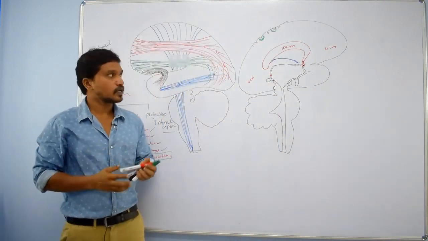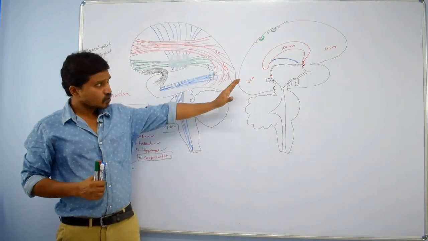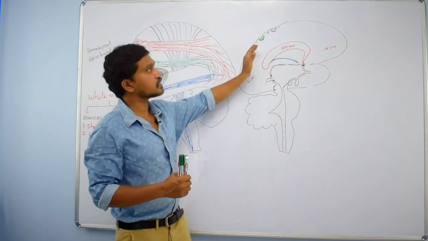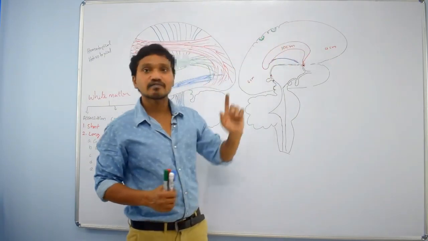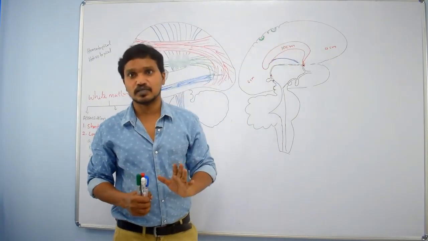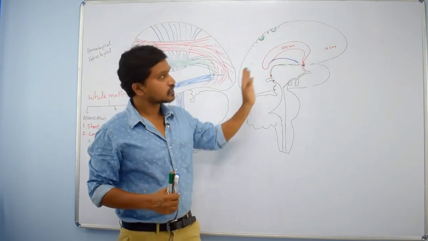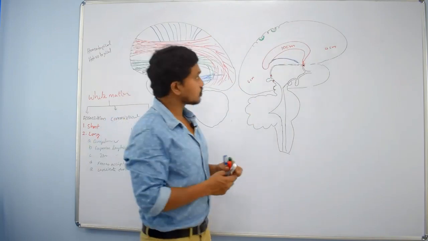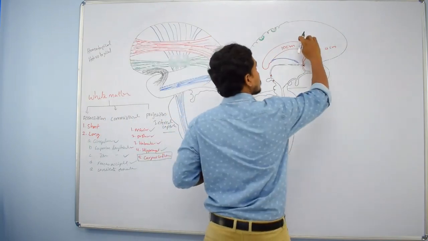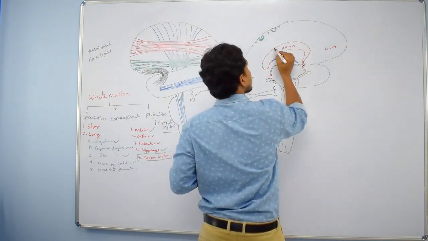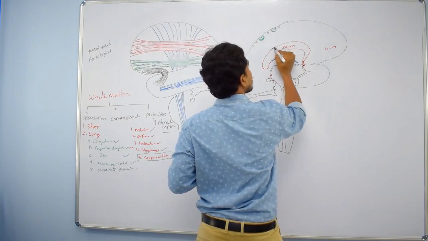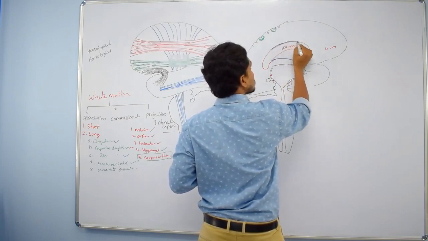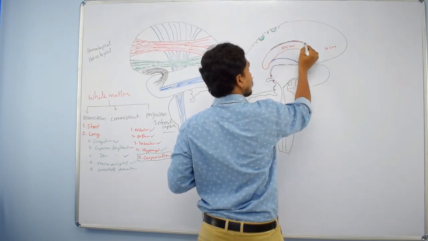Then what are the relations? That means what are the structures present immediately above the convex superior surface? Immediately above the convex superior surface, you can observe some amount of grey matter which is covering it. What is this grey matter called? Indusium griseum. This word you have heard.